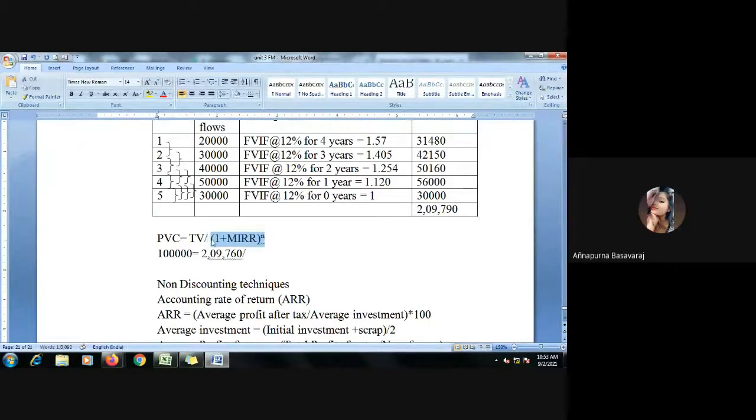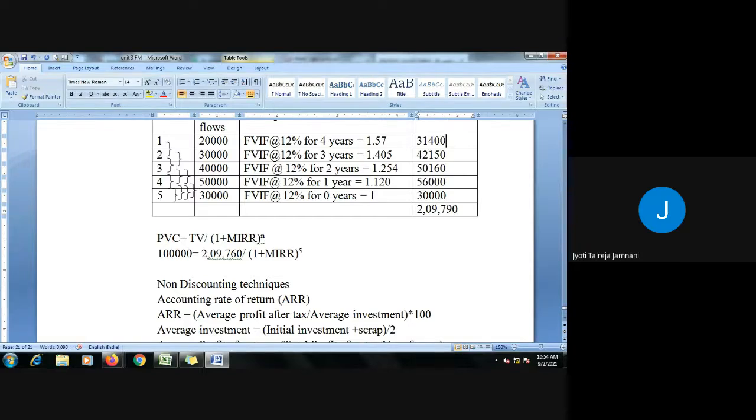Excuse me, ma'am. Yes, tell me. Ma'am, that is that 1.57 into 20,000. I guess it will be 31,400. Yes, ma'am. 31,400. Okay, 31,400. Just check the total then.